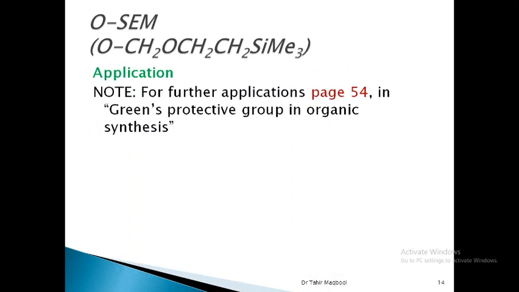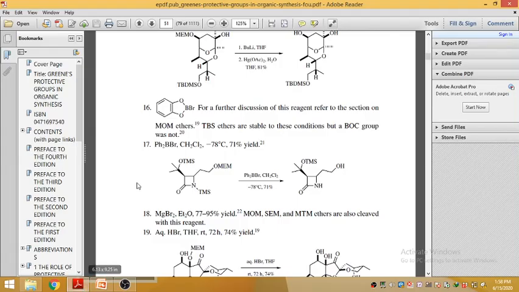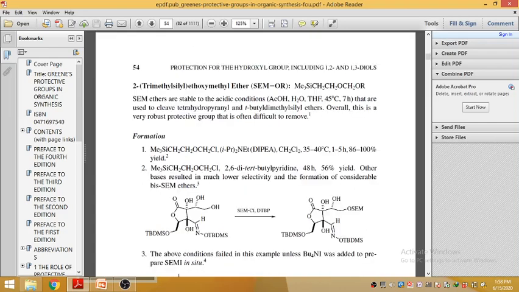For further application, you can go to page number 54 in Greene's Protective Groups in Organic Synthesis. I can show you the page. Here is page 54. This is 2-trimethylsilylethoxymethyl ether, or SEM ether. Here are the methods of its formation.